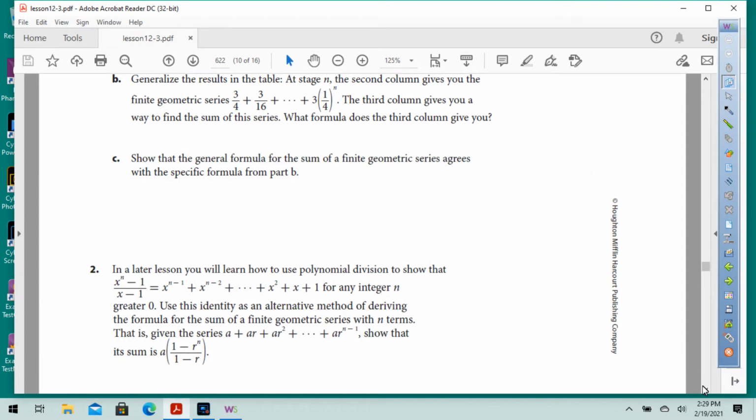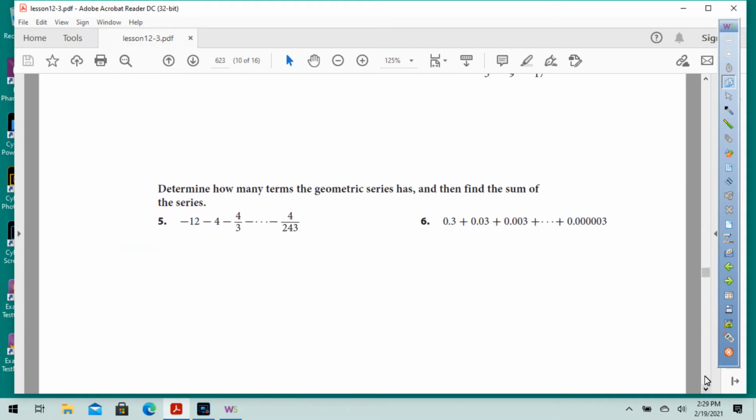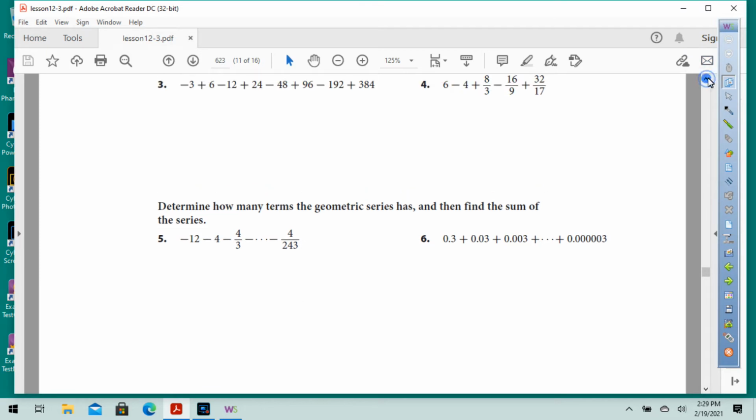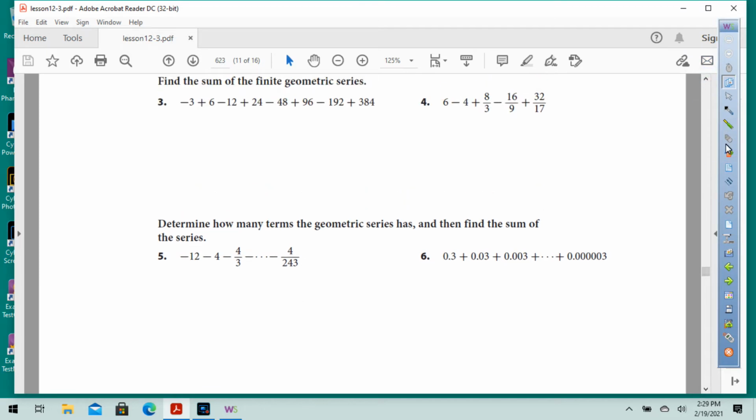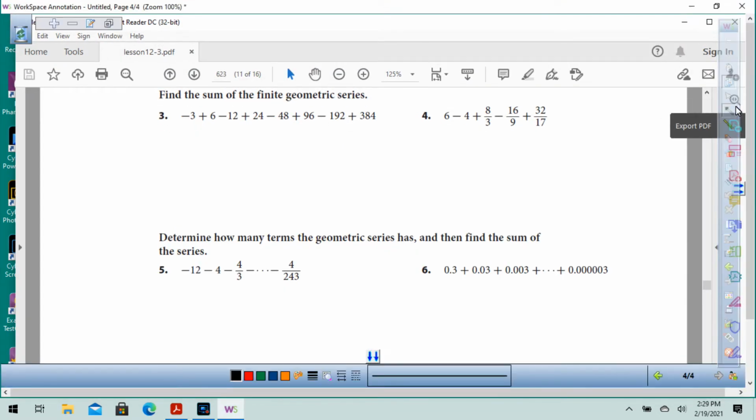We're going to skip number 2 and come down here to number 3. What do we got? It says find the sum of the finite geometric series. An easy way would be to just add all of these up. And you could, but that's a lot of calculations.